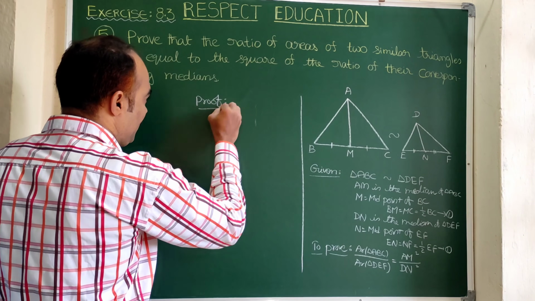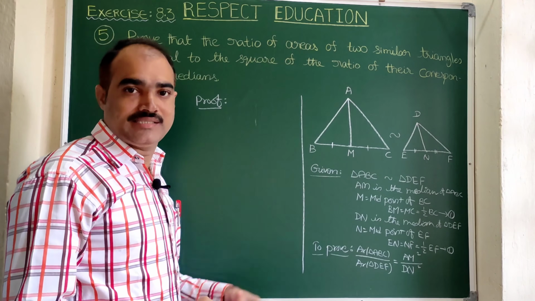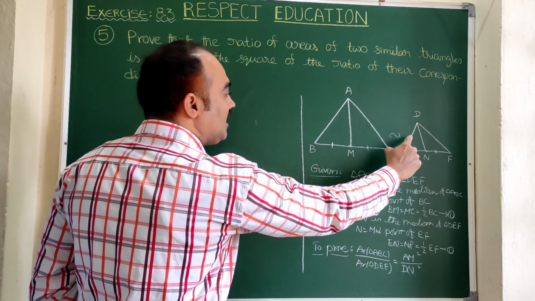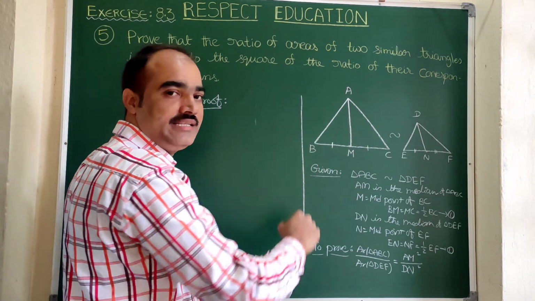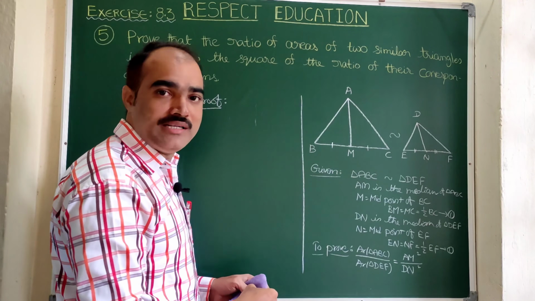Already from theorem 8.6 we have learnt that when two triangles are similar, then the ratio of the areas of those triangles is equal to the ratio of the squares of their corresponding sides.